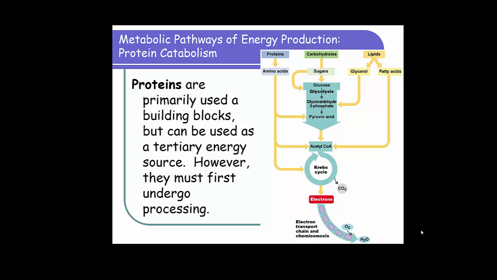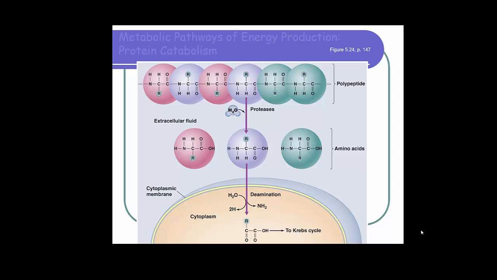Proteins can be used as an energy source, but most cells do not like to do this. Primarily, cells like to use proteins as building blocks, not as an energy source. Part of the reason for this is proteins have to undergo a large amount of processing before they can enter the different stages of respiration. Some amino acids can be converted to pyruvic acid, some to acetyl-CoA, some to the intermediate products found in the citric acid cycle.